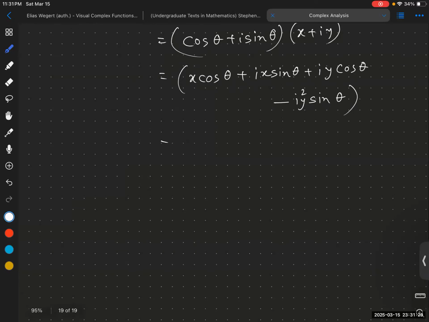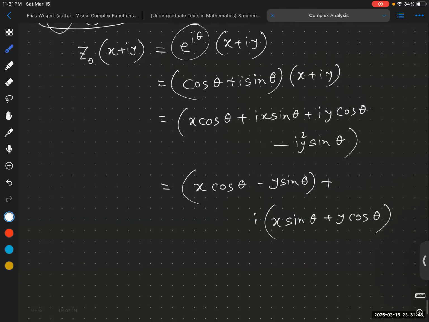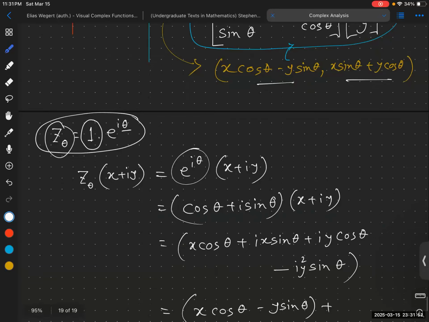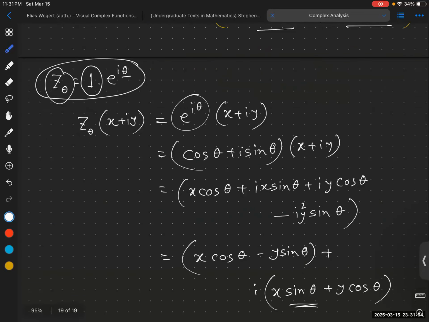After separating the real part and imaginary part, it will become x cos theta minus y sine theta plus I times x sine theta plus y cos theta.